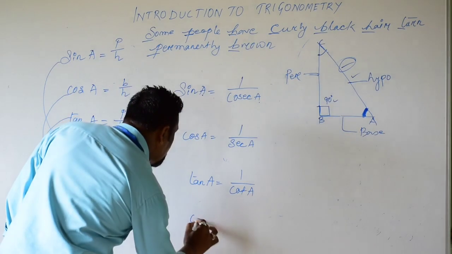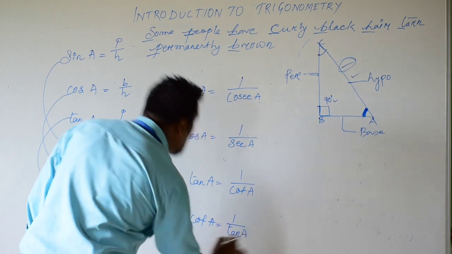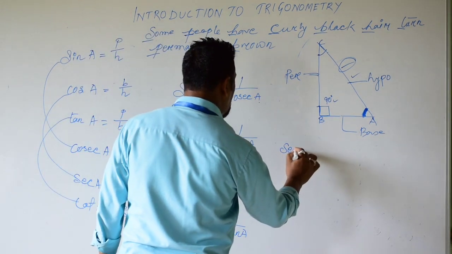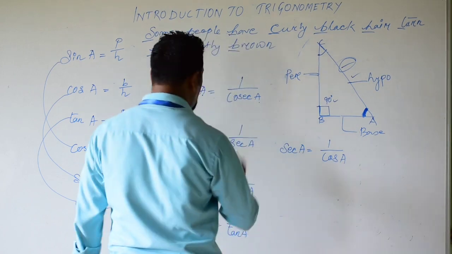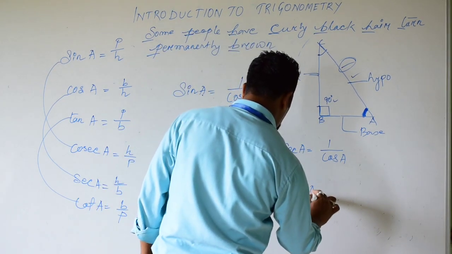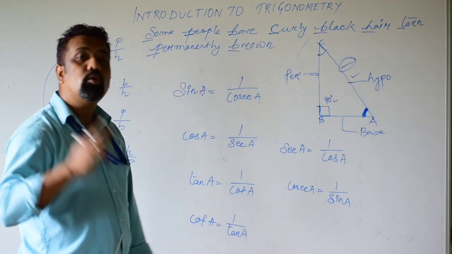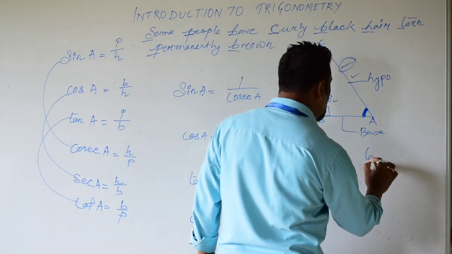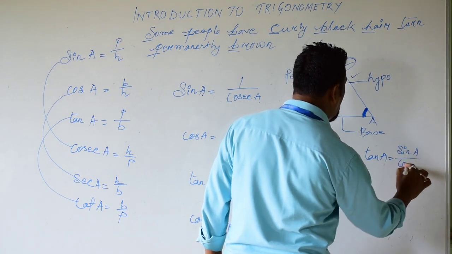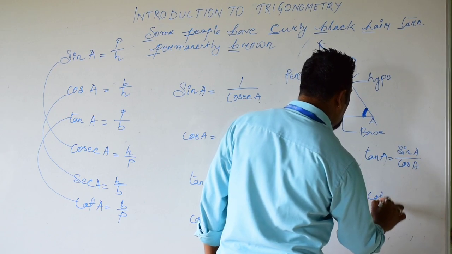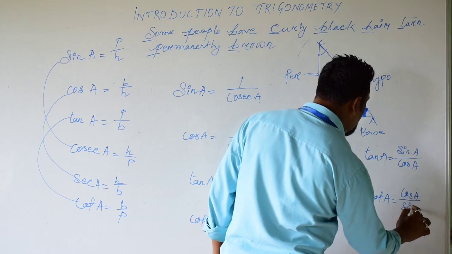Now again, cot A will be written as 1 by tan A. Then sec A is equal to 1 by cos A. Then cosec A is equal to 1 by sin A. We have two more functions, that is tan A is equal to sin A by cos A, and again cot A is equal to cos A by sin A.